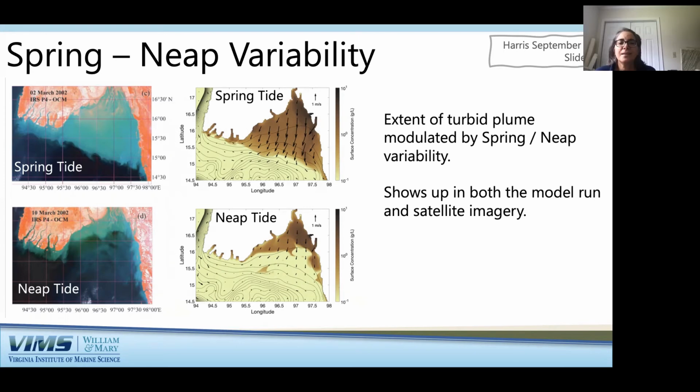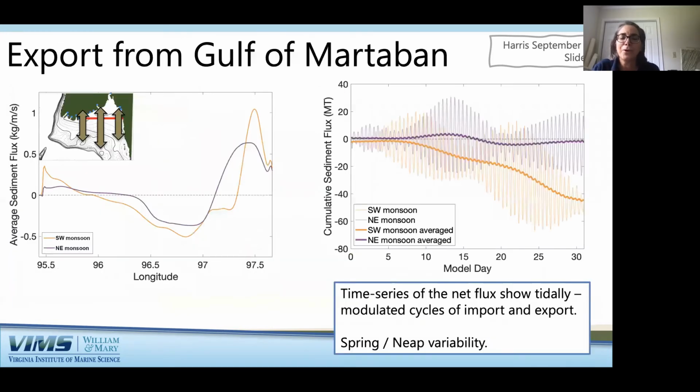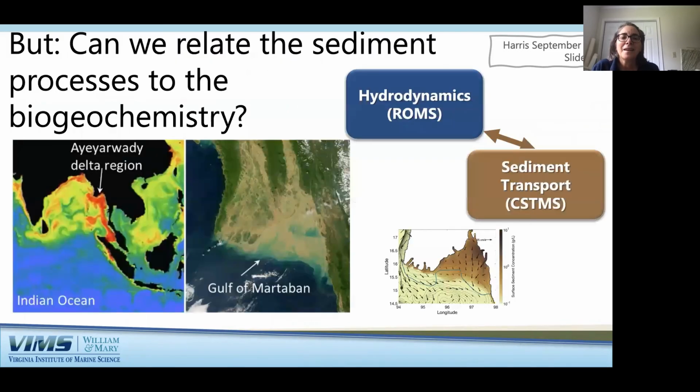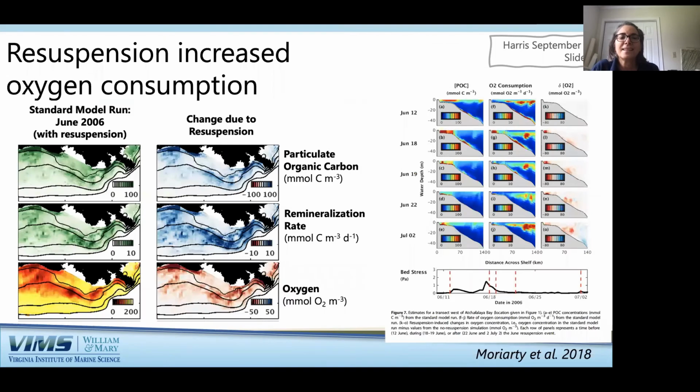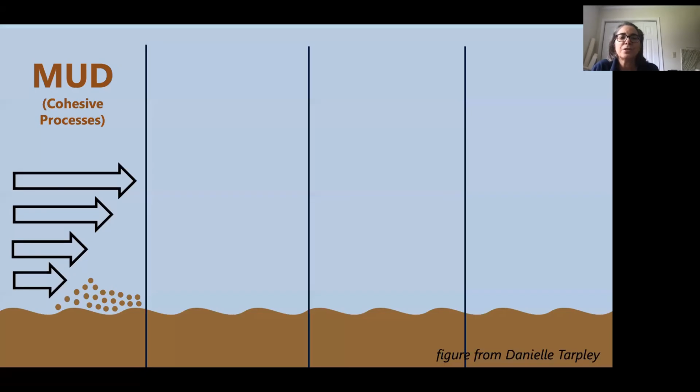I don't think we need it to get the ETM in the right place. We still get the ETM in the right place if we don't have sediment aggregating and disaggregating. But I think what we needed it for was what's happening downstream of it.